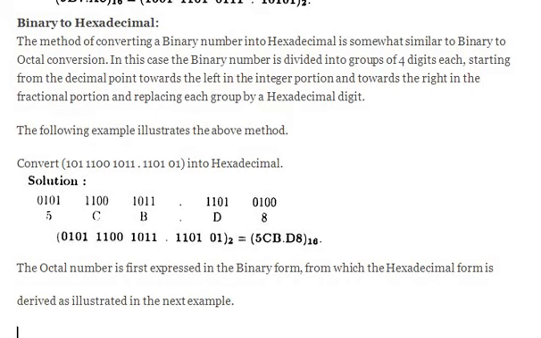So binary to hexadecimal, whatever is given, group it into 4 digits. Group it into 4 digits from right to left. Check out how it is grouped into 4 digits. The one before decimal point, you just move from right to left, so it is 1011 and 1100, and we are left with 101.